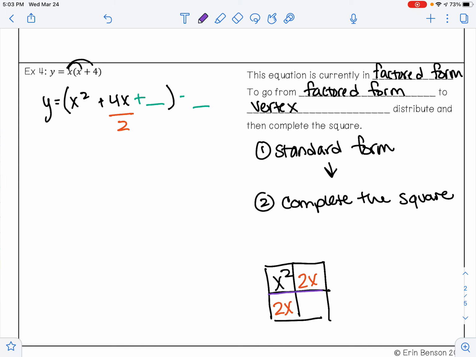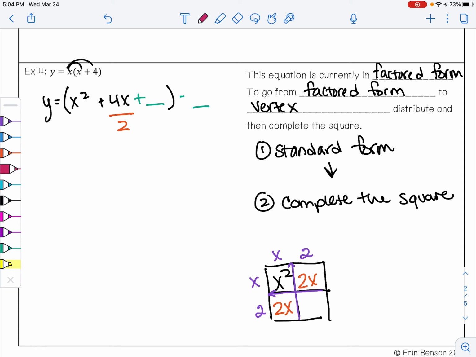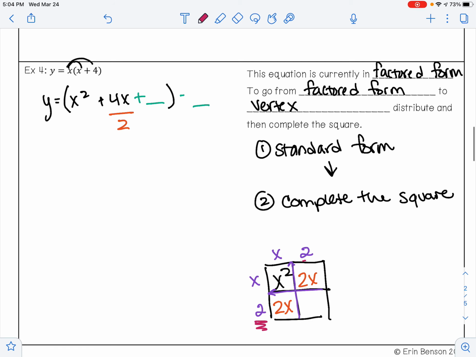The greatest common factor between x squared and 2x is x. X times 2 is 2x, and x times 2 is 2x. So the number that completes the square is 2 times 2, which is 4. So 4 is the number that completes the square.